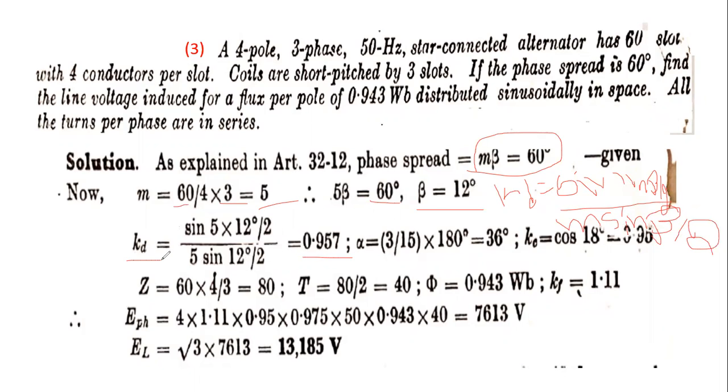After calculating the KD value, we calculate the KC value, that is the coil span factor. What is the formula for the coil span factor? That is cos(alpha by 2). How will we calculate that alpha?